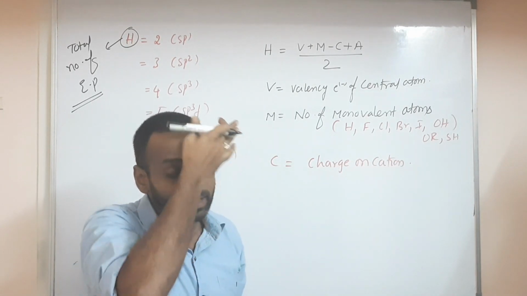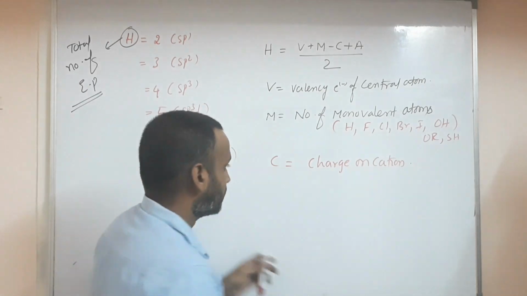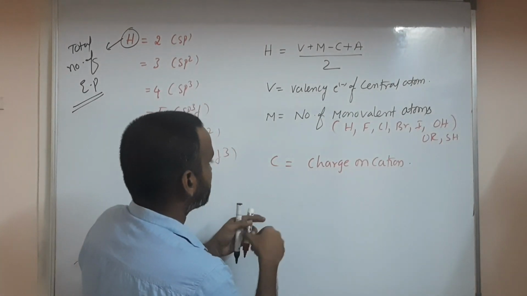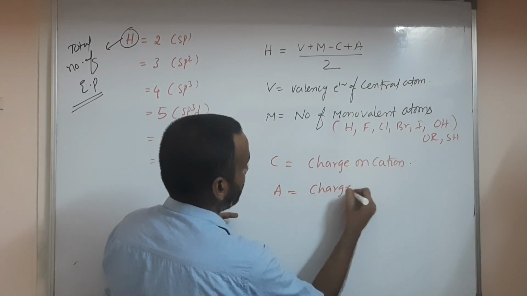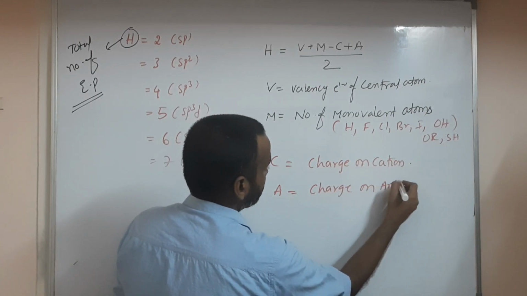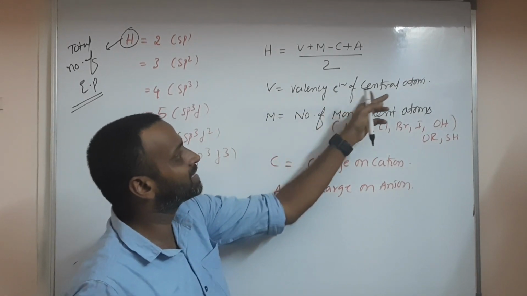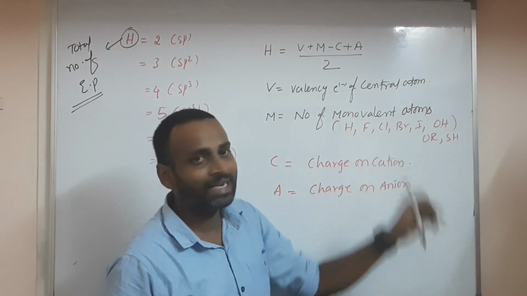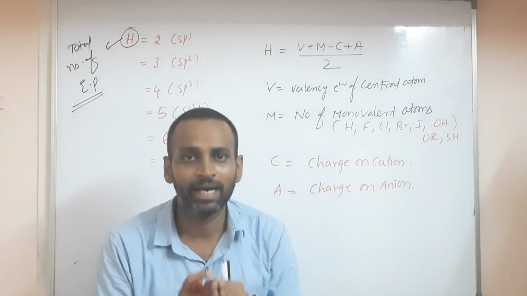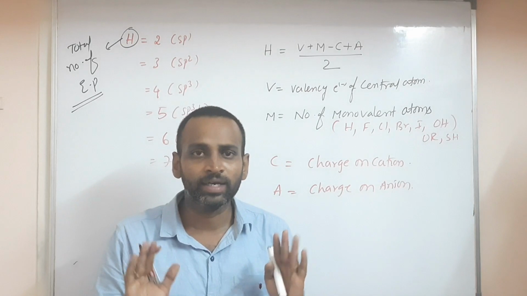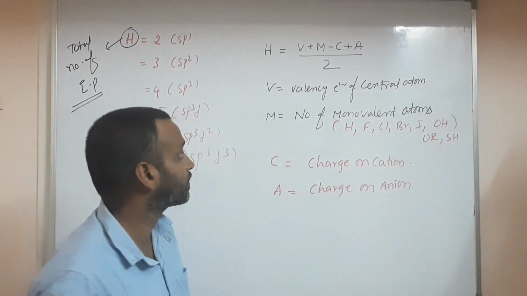Not only that, hybridization is very important for all the remaining chapters. Next, A means the charge on anion. V is the number of valence electrons. Why do we take the central atom? Because hybridization is exhibited by the central atom only. That is very, very important.